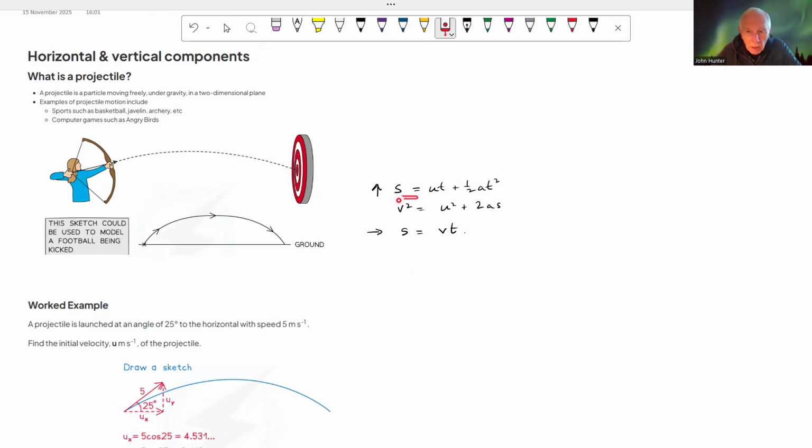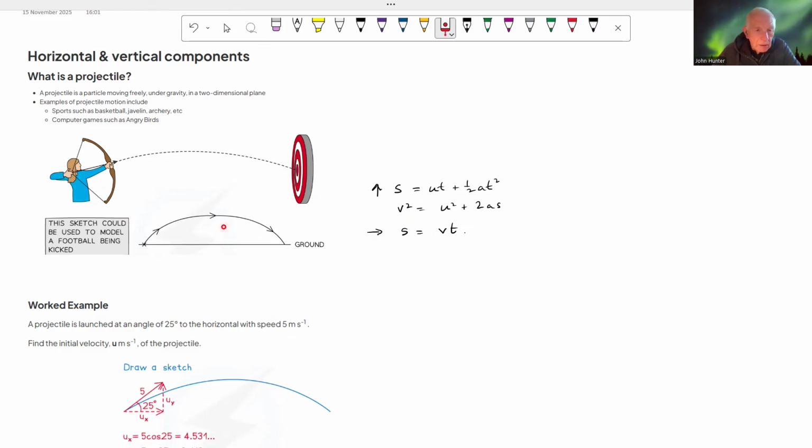In some problems we are interested in this one as well, but really these pertain to situations where we're asked to find the maximum height of a projectile. The reason is that when we're thinking about vertical motion, at the maximum height in the vertical sense, the velocity is going to be zero.